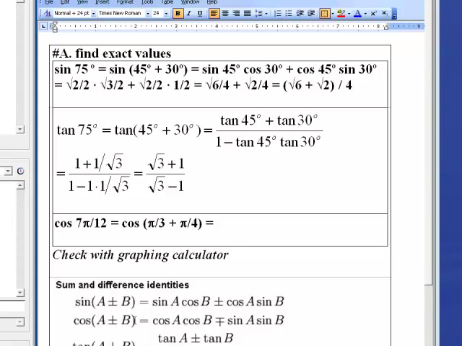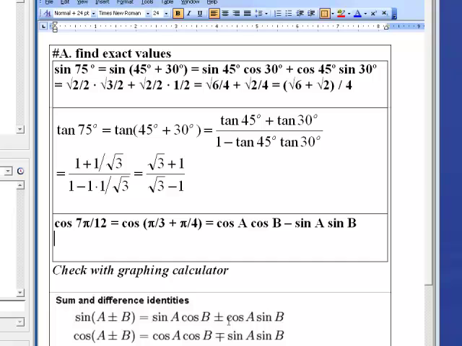Well, this one here, cosine A plus B, which will become cosine A, cosine B, and then it says minus. So the plus turns into a minus. Sine A, sine B.